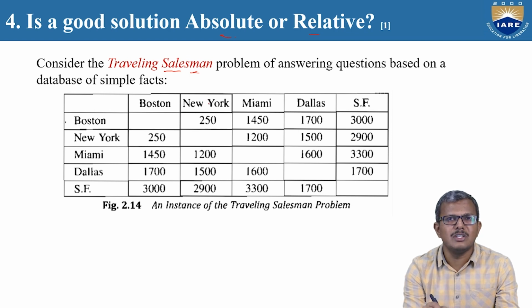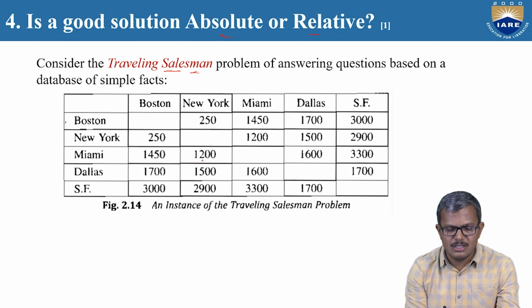In order to identify the shortest path, the salesman should know the distances between the cities. So this table is telling all about that. These numbers represent the distances among the cities. What does this 1200 represent? 1200 is the distance between Newark and Miami.